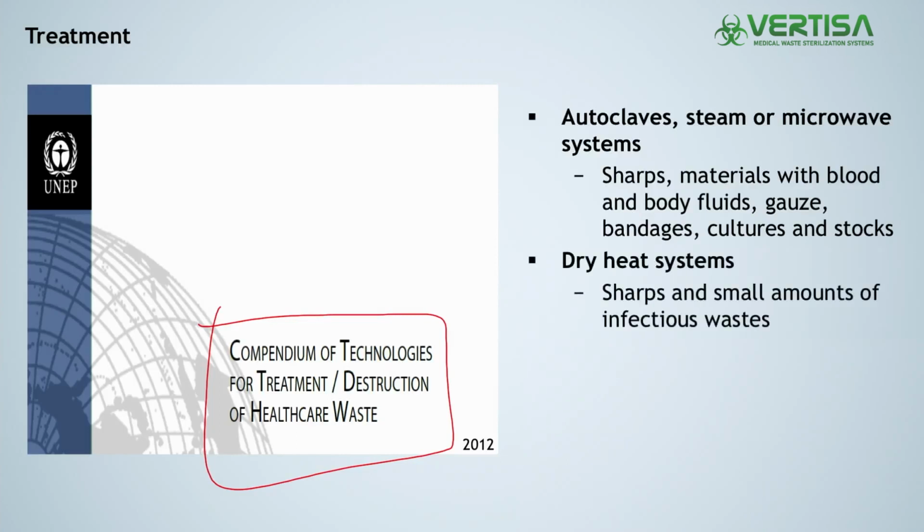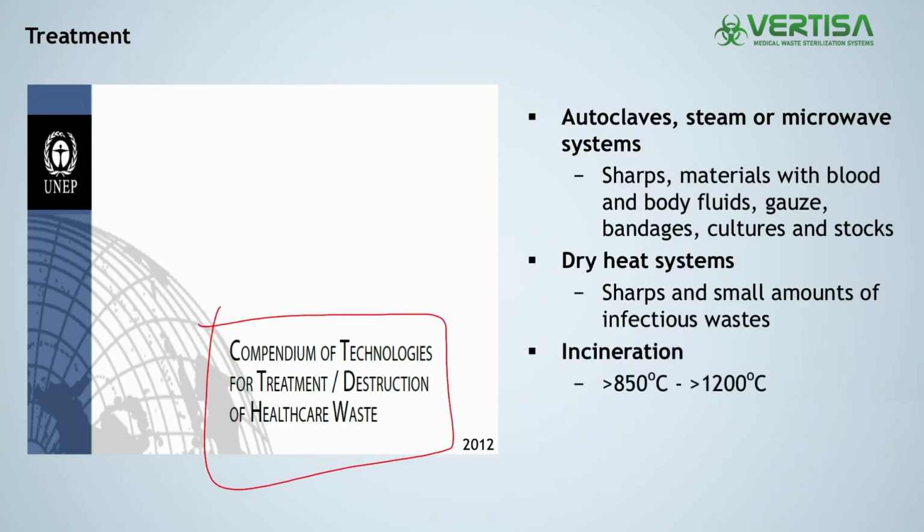Then there is also dry heat treatment technologies, where waste is heated up by conduction or thermal radiation. This requires higher temperature and longer exposure times than steam-based processes. They are commonly used to treat small volumes.